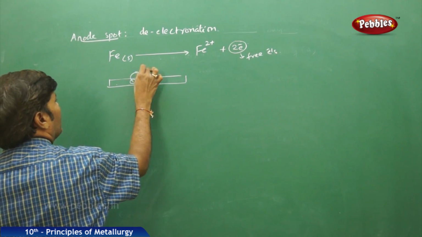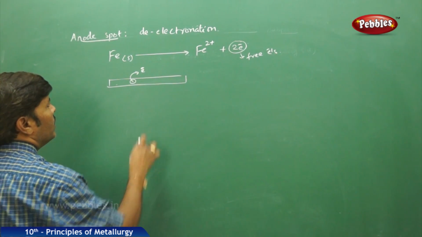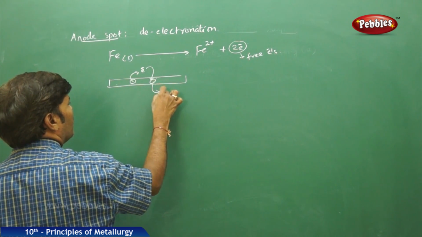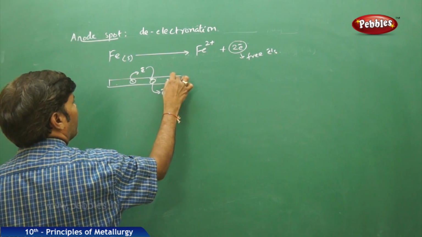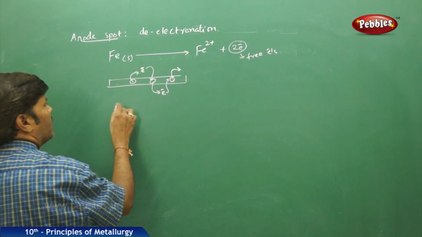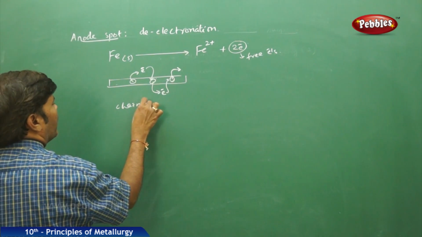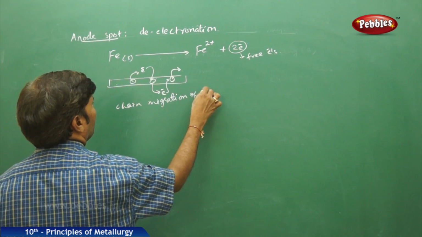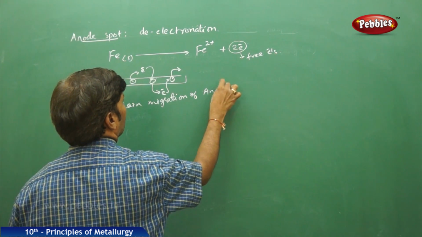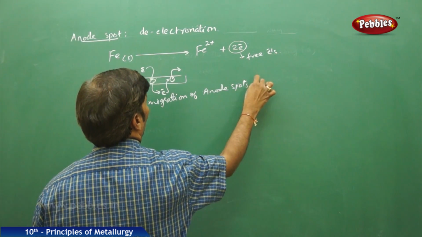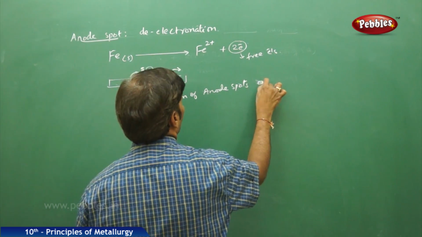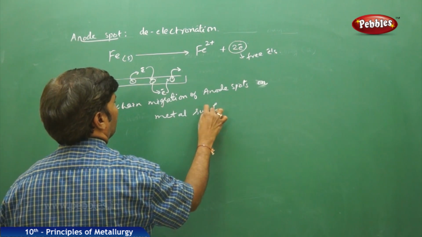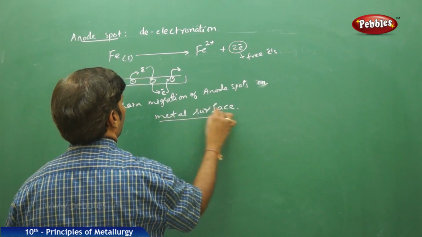From this spot the electrons are produced. These electrons go and create one more spot, and from there a new electron will come and create one more spot. This is a sequence, a chain migration of anode spots on the metal surface.